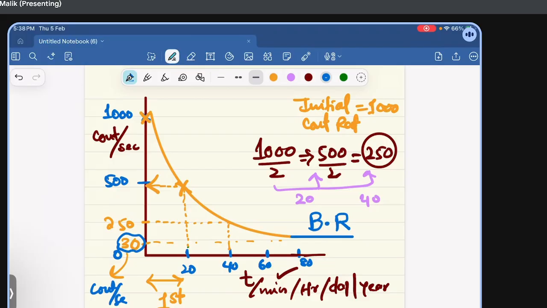If the examiner asks you why the line is flat after some time, then you say all of the radioactive sample has been decayed. ठीक है? All of the atoms have decayed. It means no more counts are coming from the radioactive sample. They are only background radiation.